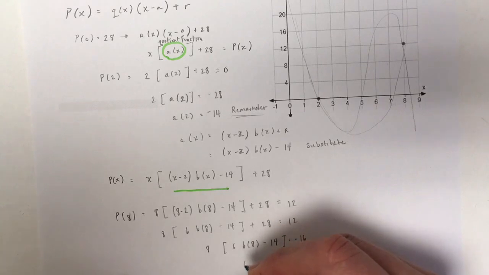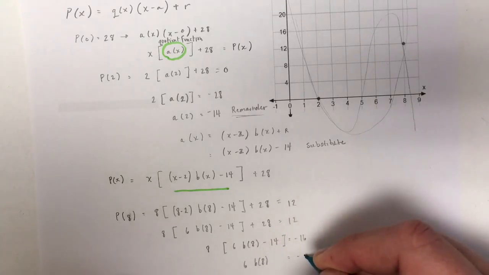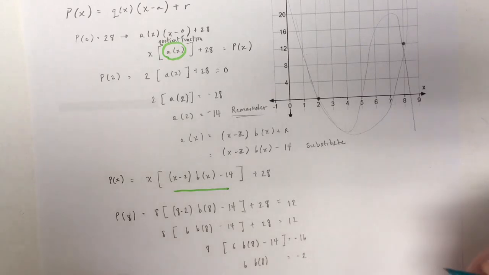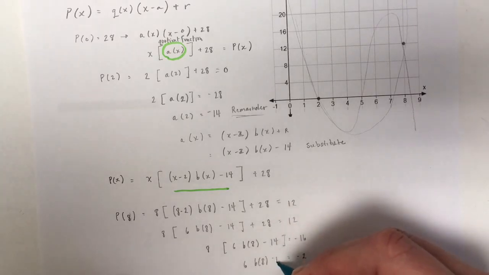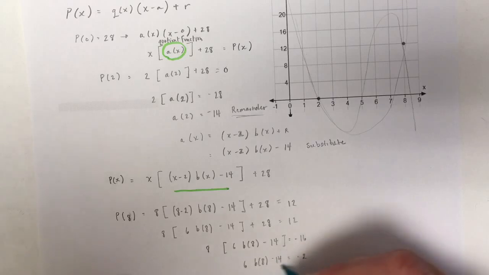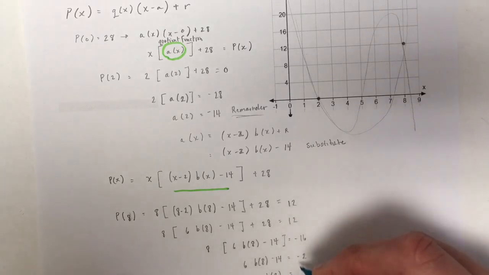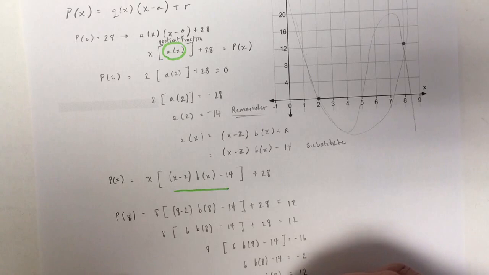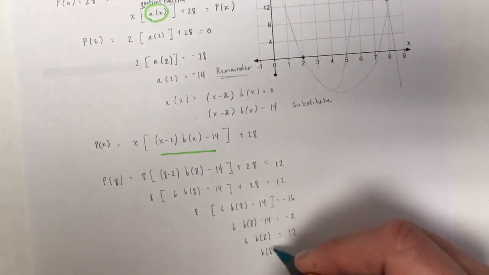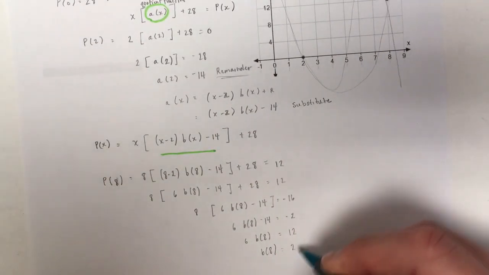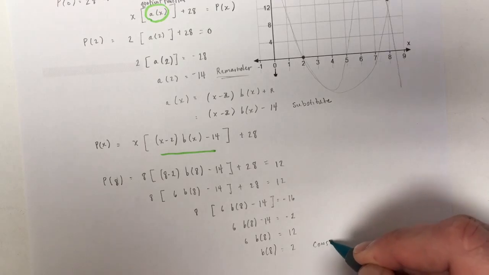Divide both sides by 8. I'll get 6 b of 8 minus 14 equals negative 2. If I then add the 14, I'll get 6 b of 8 equals 12. B of 8 is equal to 2, and this is a constant.